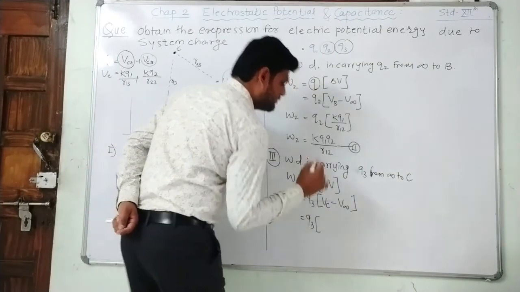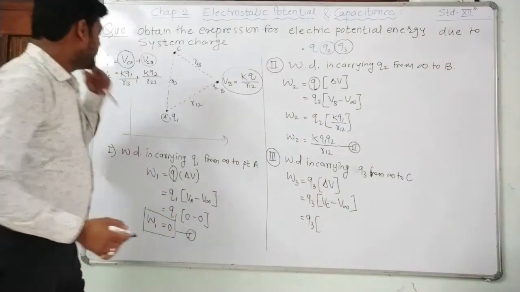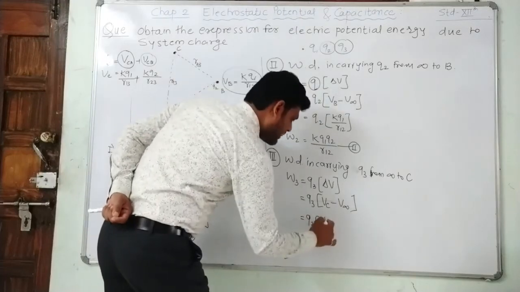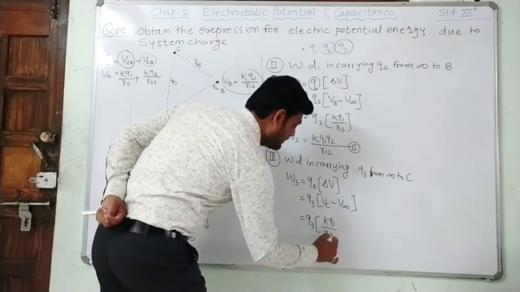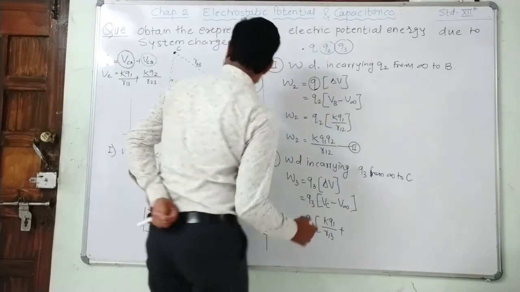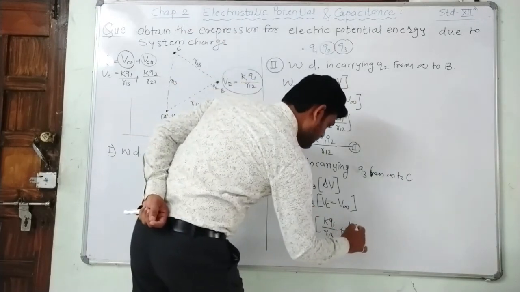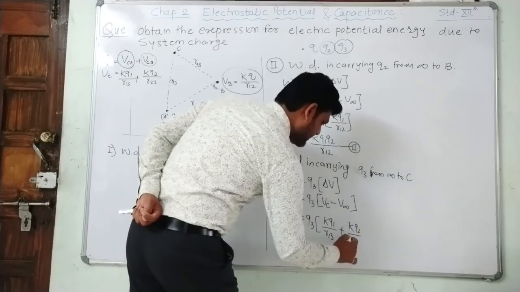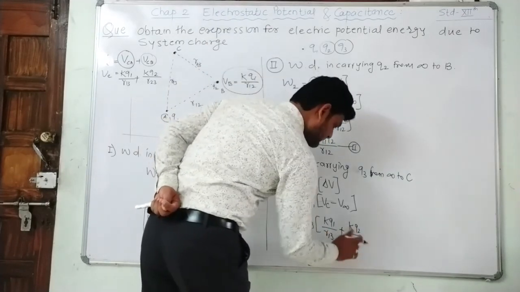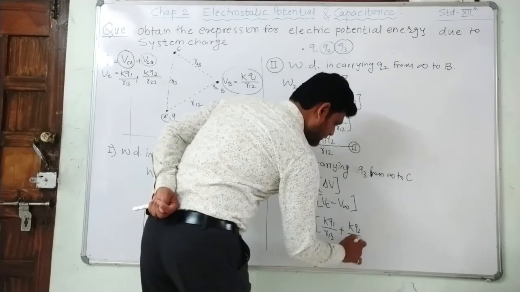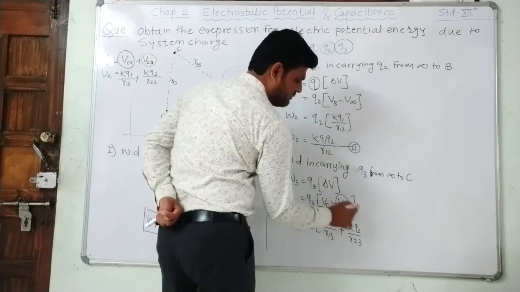What is the potential of point C? We calculated that: K Q1 divided by R13 plus K Q2 divided by R23. The potential of infinity is 0.